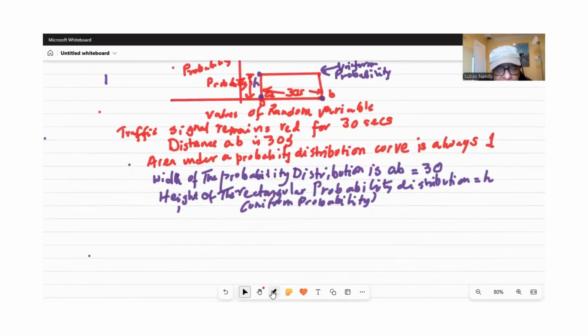Now let's find the area of the uniform probability distribution, which should be 1.